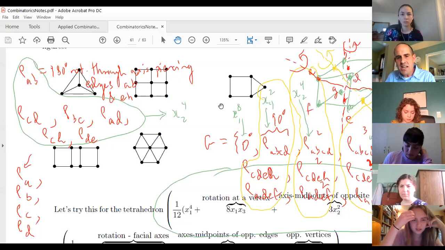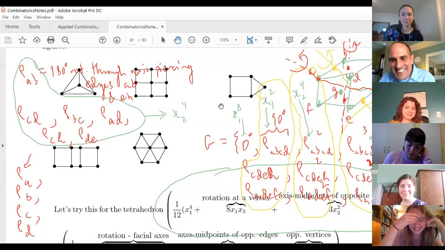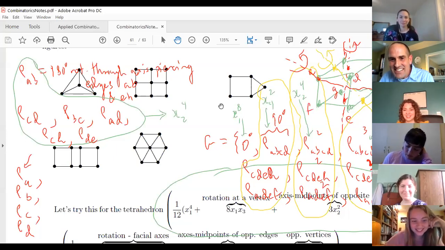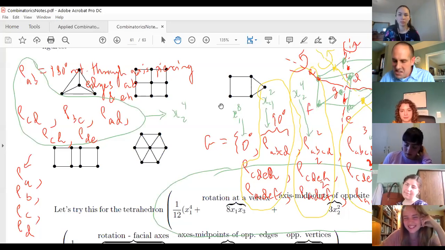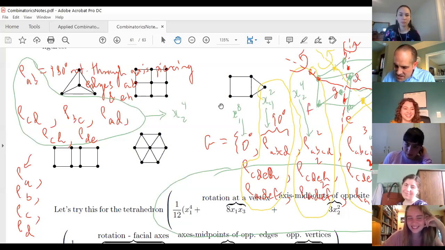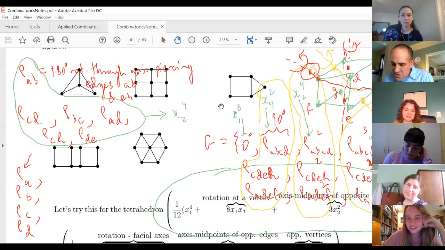Not 180. 270? So if you rotate around A, right here, think about it. How many times am I going to have to rotate to get back to the beginning?